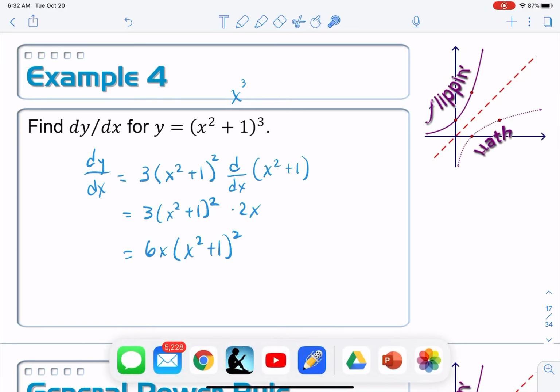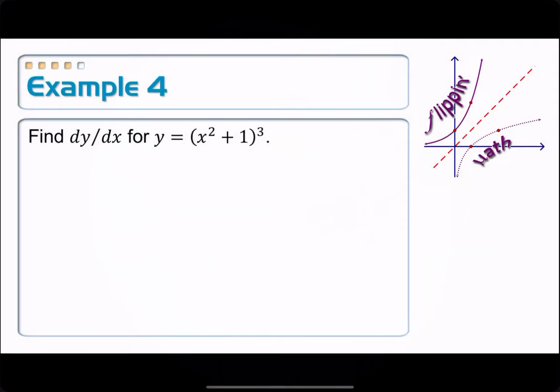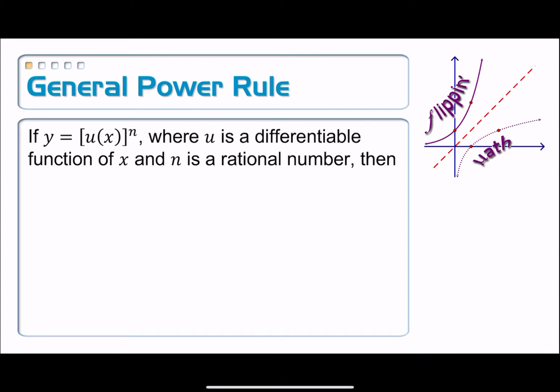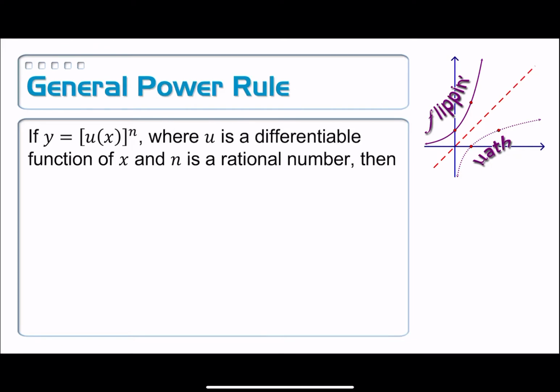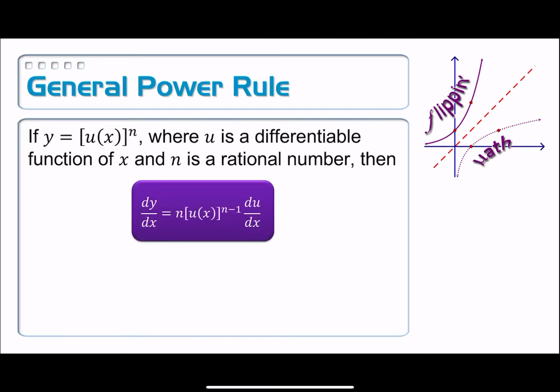So this brings us to the general power rule, where y is equal to some function of x raised to the nth power. That's exactly what we had right here, some function of x raised to, in this case, the third power, where u is a differentiable function of x and n is some sort of rational number. Then we've got, in Leibniz notation, dy/dx is equal to, and notice that what we just did is that we applied the power rule to it.